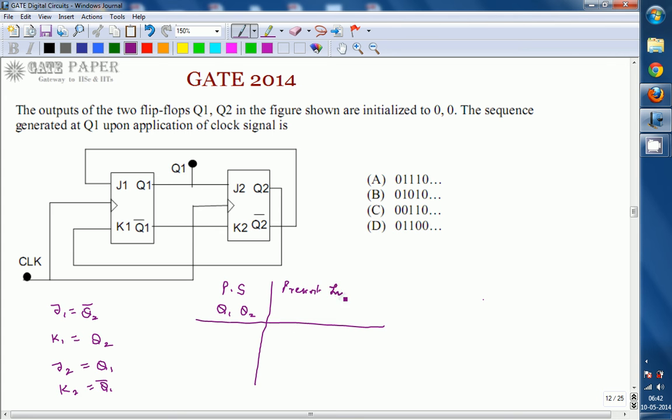Present inputs are nothing but J1 K1 and J2 K2. So by knowing the present state and present inputs, we can go for the next state. Next state is nothing but Q1 plus and Q2 plus.